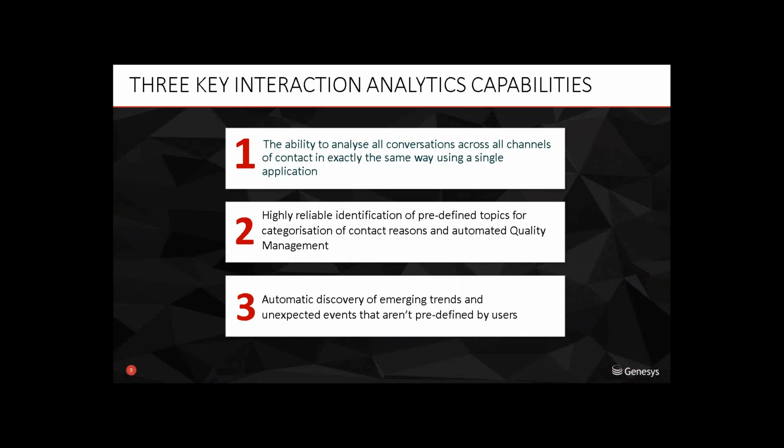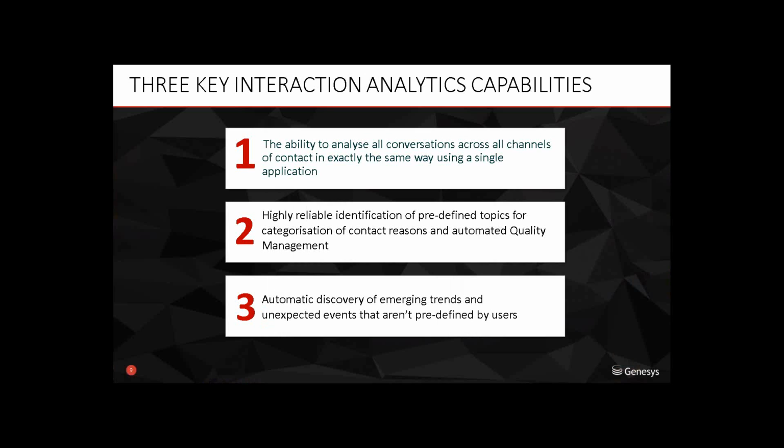And then thirdly, the ability to automatically discover emerging trends and unexpected events that aren't predefined by users. As we all know, the nature of business today, and really has always been, is that we simply don't know what we don't know, so to speak. There will always be unexpected events in a dynamic business environment, and trends that emerge.